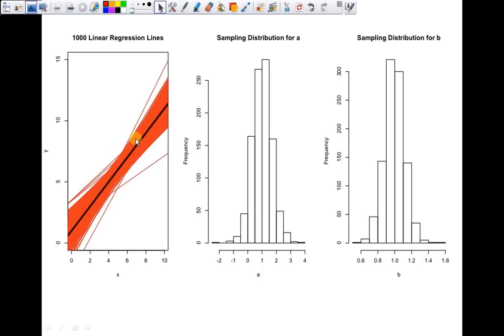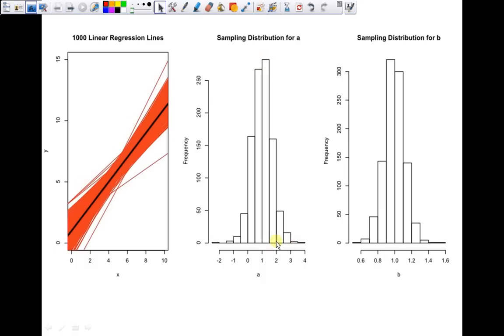Notice that we never really have a negative slope, but it is possible to have data that's truly positively related, but choose an unlucky sample and get the slope to be negative. So notice that this distribution is the slopes of each line. The most common slope is about 1, or I guess 1.5, 1 to 1.5. That's the most common slope. So the most common slope of these red lines is that.